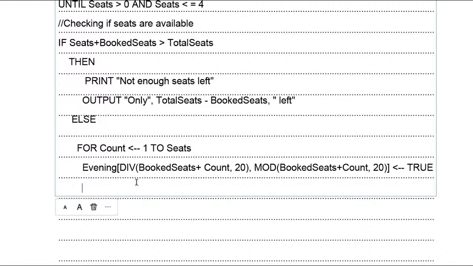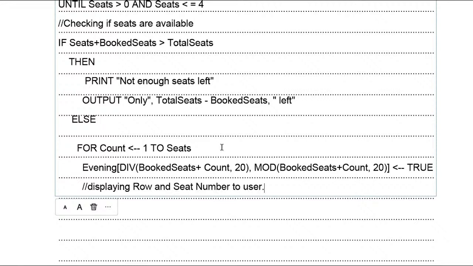Now we are going to display the row and seat number to the user.